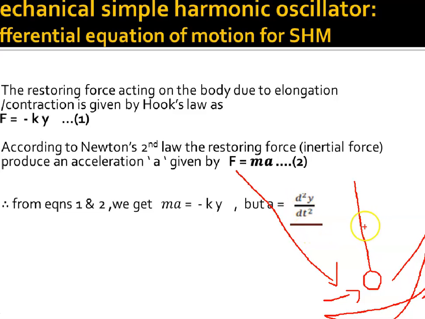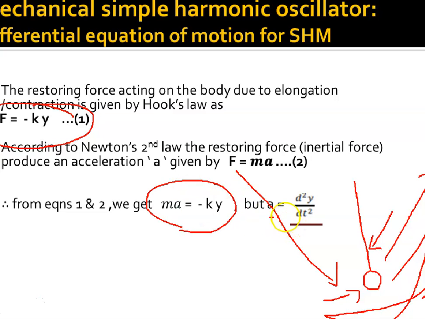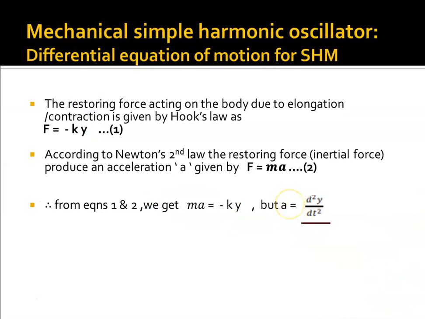When I apply this force, the object is going to move towards this direction and the restoring force will be acting in the opposite direction. So restoring force F is equal to minus ky. These two forces are equal and opposite in direction. So ma is equal to minus ky, where acceleration a is equal to d square y by dt square.